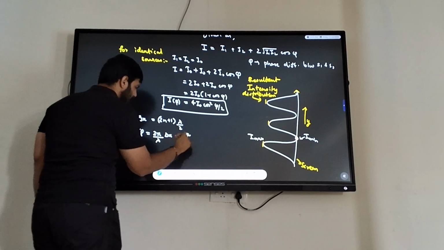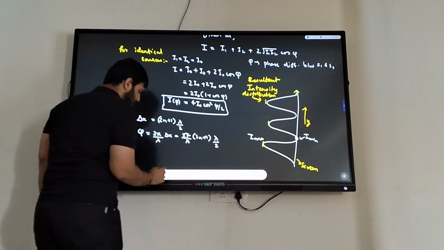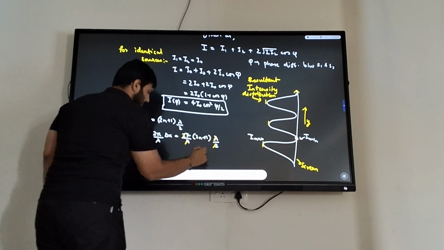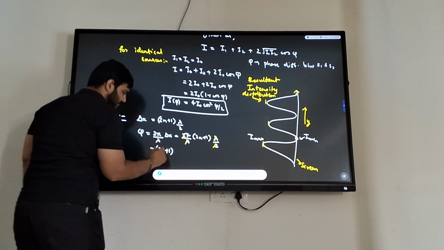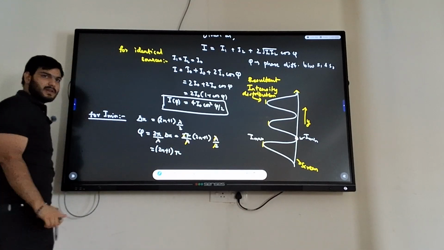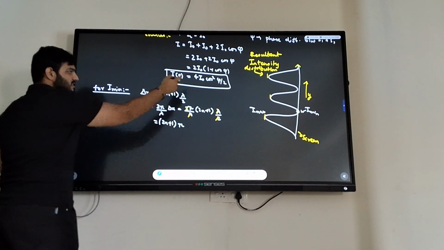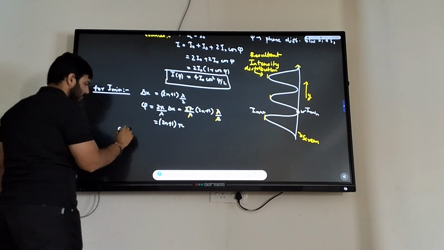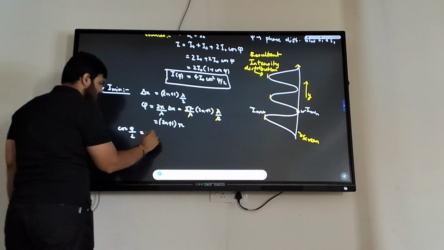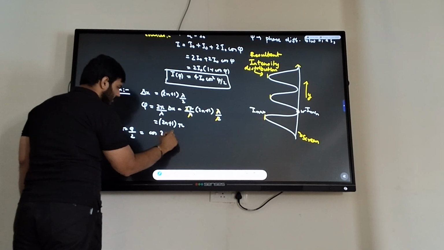So it will be 2 pi by lambda times 2n plus 1 lambda by 2, and then what do you get? You are getting an odd multiple of pi. Odd multiple of pi, but then what is my cos square phi by 2? First tell me, what is cos phi by 2? Cos phi by 2 will be cos of 2n plus 1 pi by 2.